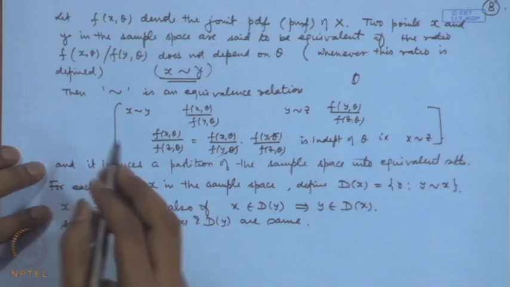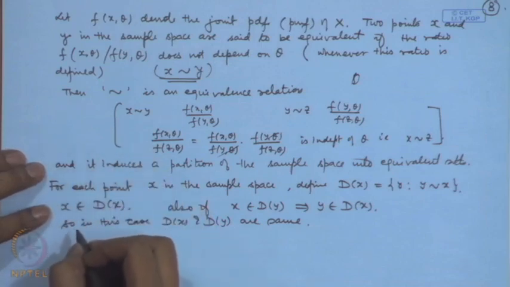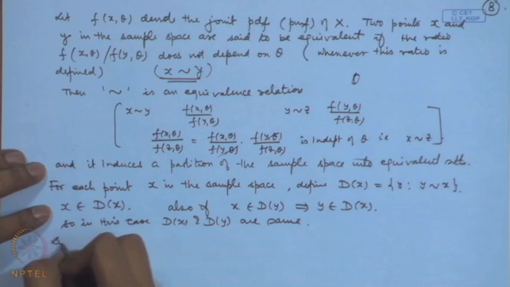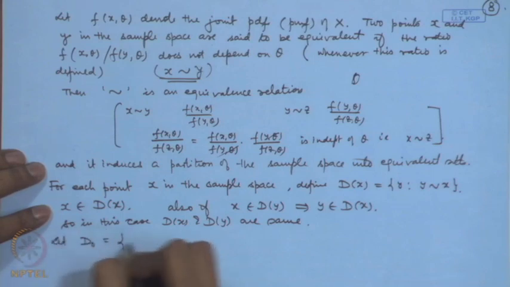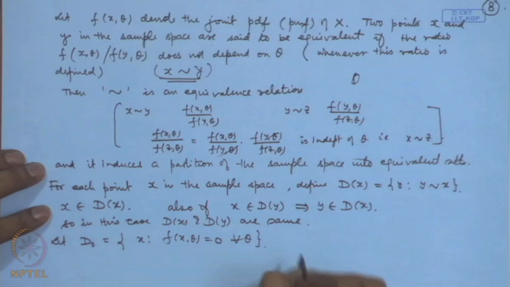And also there will be places where the density or the probability mass function will take value 0. We put those in another set: let D0 be the set of all those points for which f(x, theta) is equal to 0 for all theta.